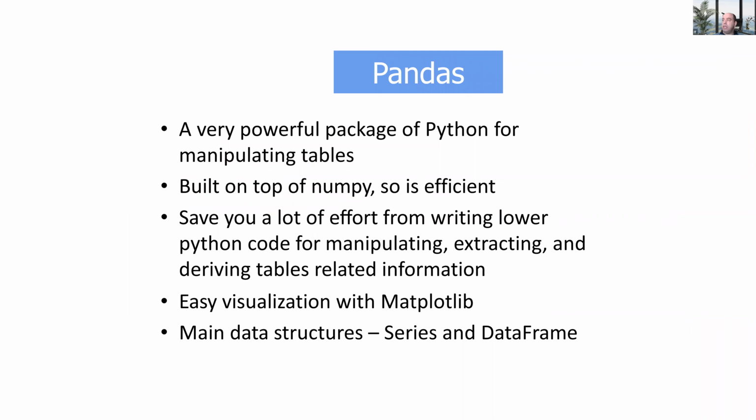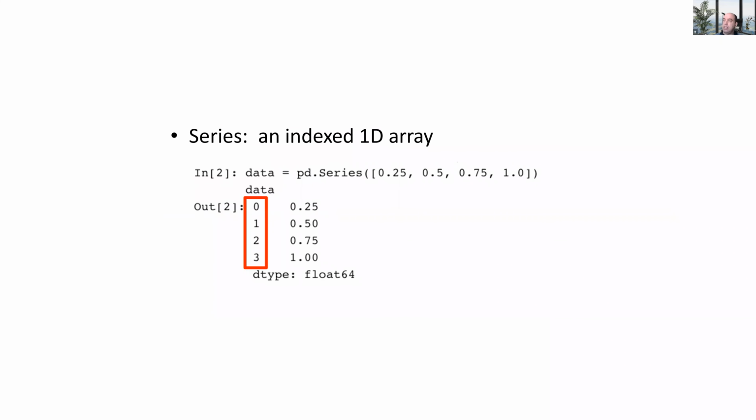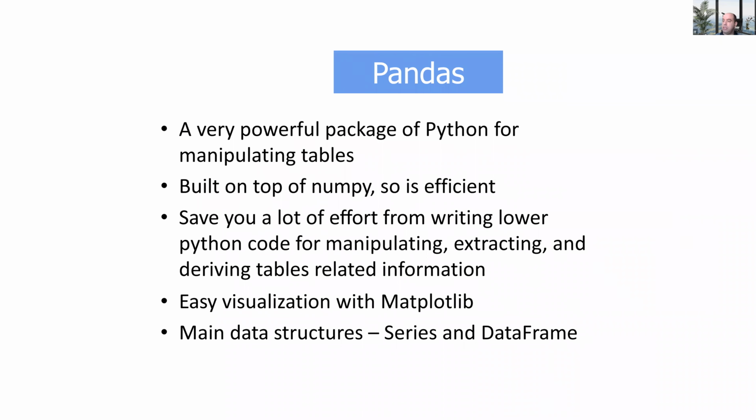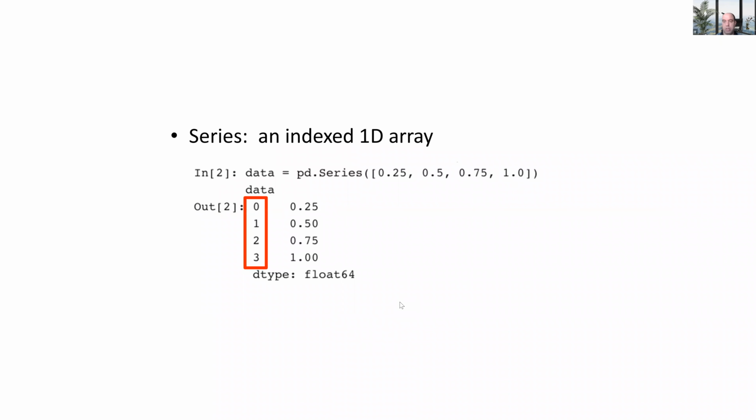So, as I was saying about pandas, it uses two main data structures, a series and a data frame. As I said, a series, and now you can see my screen, right? So a series is basically a vector of values. These are the values. Once we put in a 1D array, or basically a list of values, 0.25, 0.5, 0.75, and 1, what we get is a vector of values, but they are also indexed.